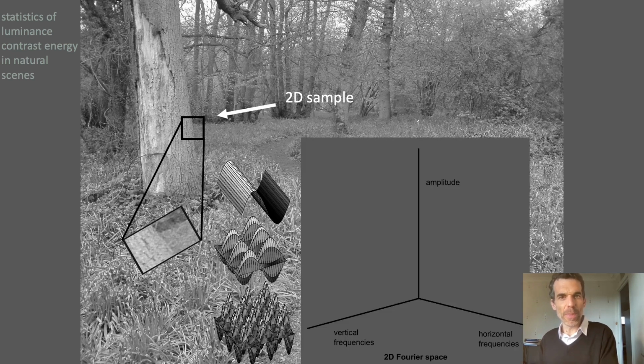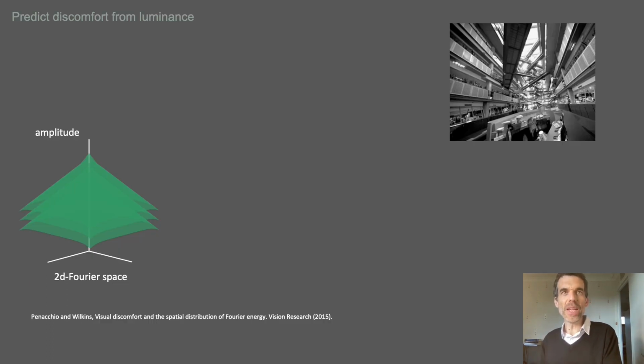And if you do that, instead of having a single slope, what you find is a regular cone in the 2-dimensional Fourier space. So this gives a family of 2-dimensional cones representing the typical fall-off of luminance correlation with distance in natural scenes.